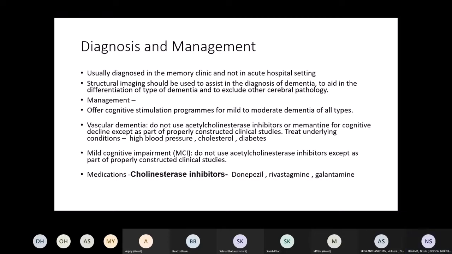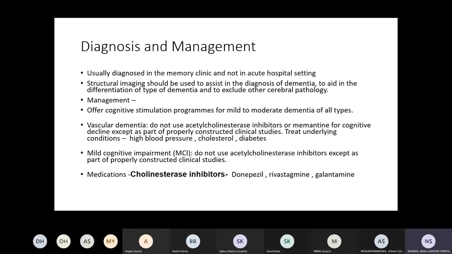So, how would you manage? Cognitive stimulation programs for all types of dementia. For vascular dementia, do not use memantine or any acetylcholinesterase inhibitors, because in vascular dementia it's more about treating the cause, which is high blood pressure, cholesterol, or diabetes.